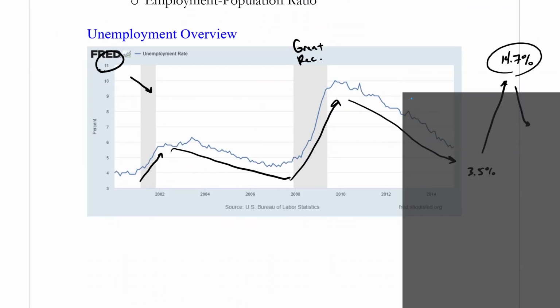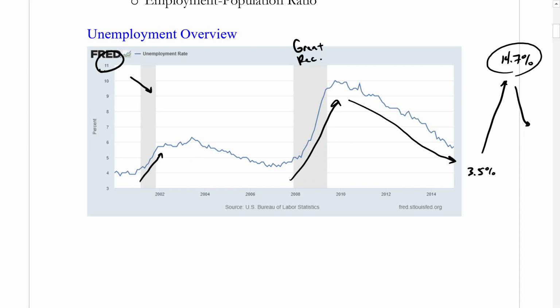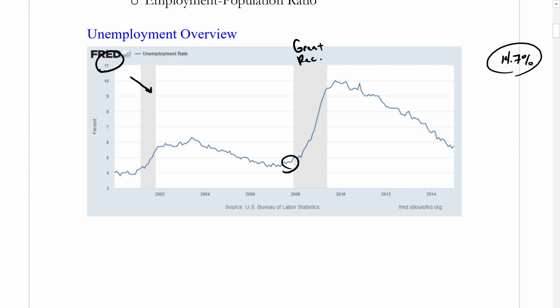So December of 2007, we were at very low unemployment rates. So that's the peak. That's like the top of GDP before GDP started to fall, and then the bottom of GDP and then back up. So the peak of the expansion before the recession, December 2007.